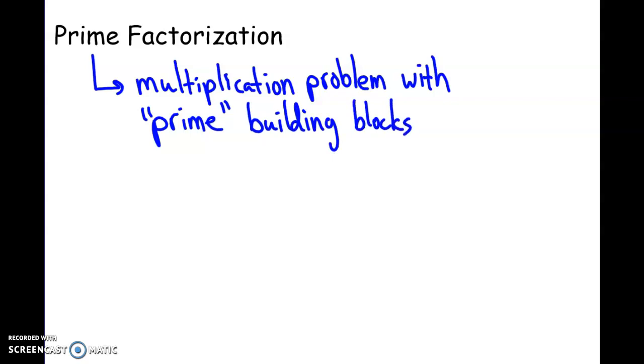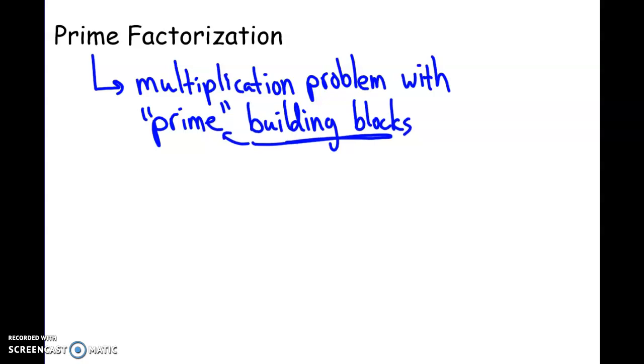So that's what we're going to be doing here. Prime factorization is where we take a number and we make it into a multiplication problem, but all the pieces that are being multiplied together, all these blocks, are prime numbers. Numbers whose only factors are the number itself and 1.